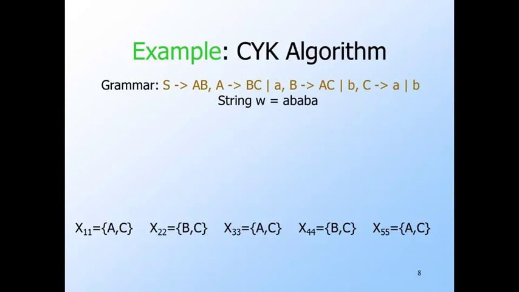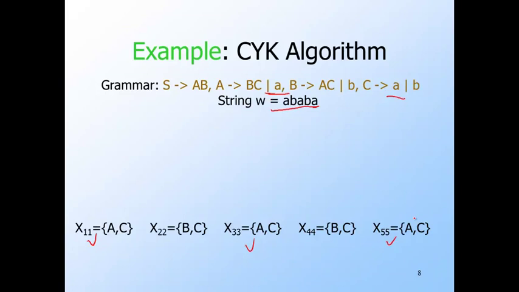For the basis, let's see which variables have a production whose body is a. These variables are capital A, which has this production, and capital C, which has that production. Thus, if w has the symbol little a in position i, then X sub ii will be AC. We see a in positions 1, 3, and 5 of w, so that explains X11, X33, and X55.